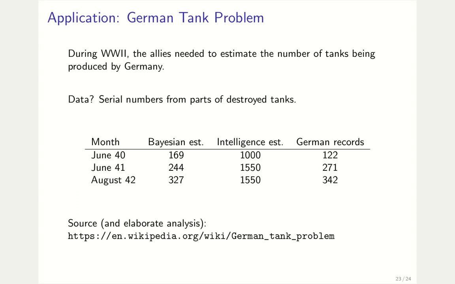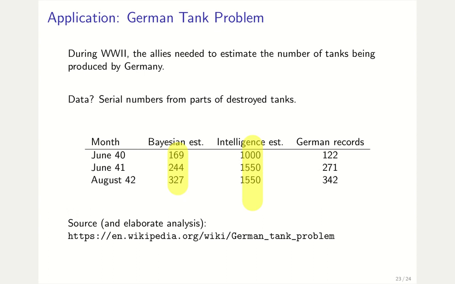And now let's look at the numbers. The statisticians estimated that the Germans have between 170 and 330 tanks. At the same time, the conventional intelligence, so spies that gather information, estimated that they must have 10 times as many tanks.